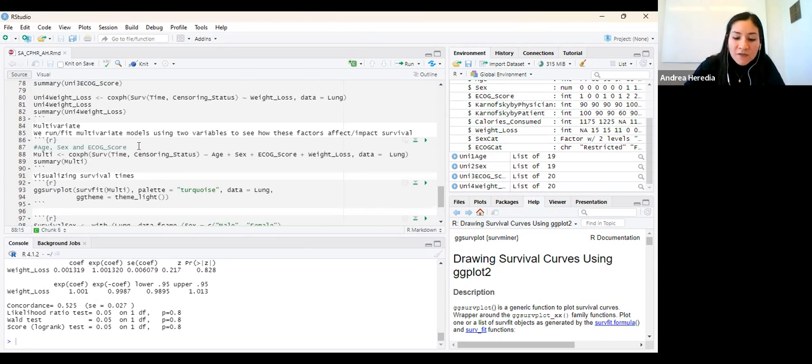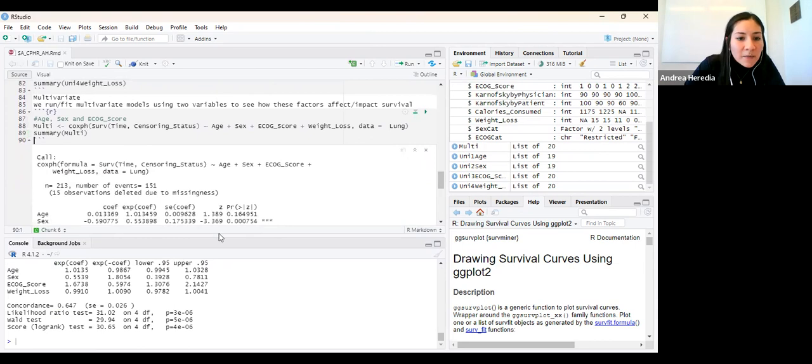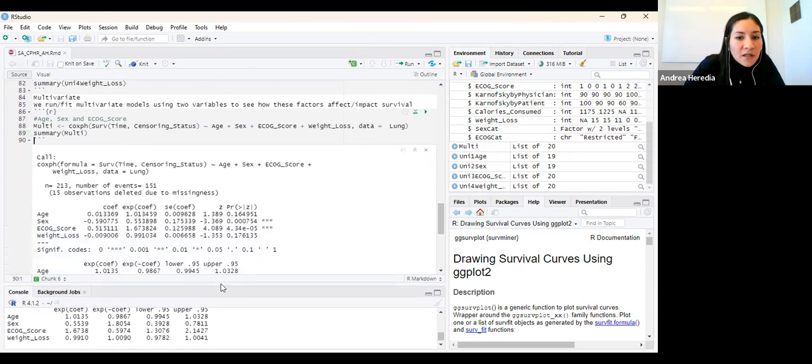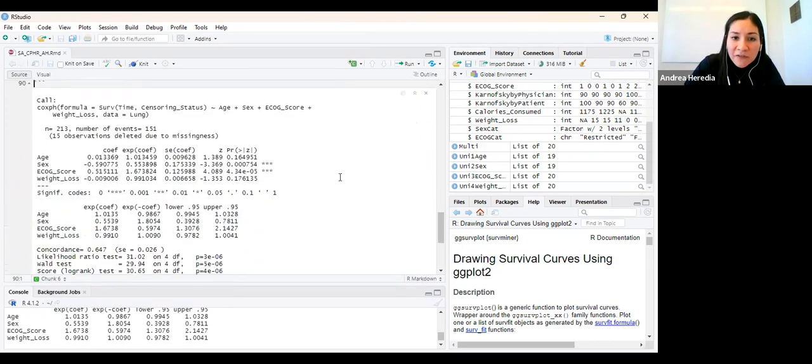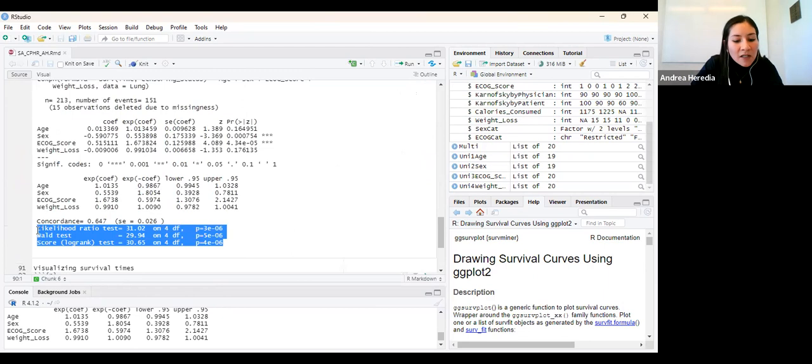So we go ahead and run the test, and we get a bunch of numbers that are interpreted the same way we did before. We look at our model and the significance. The p-values for the likelihood ratio test, the Wald test, and the score log rank test are significant, indicating that the model is significant.